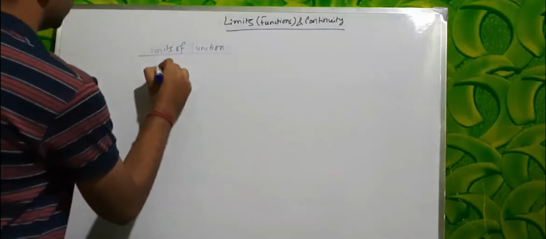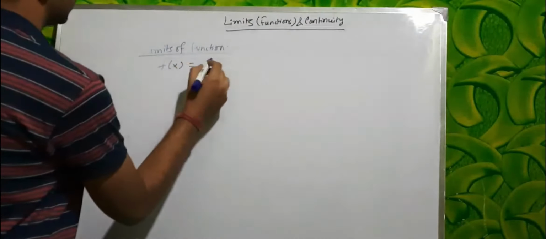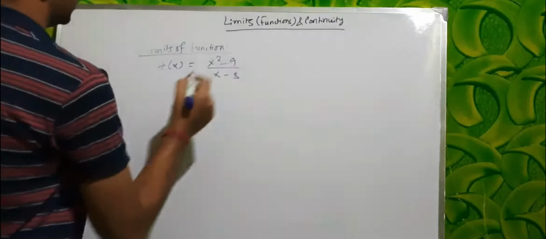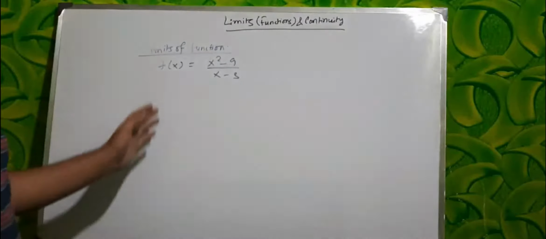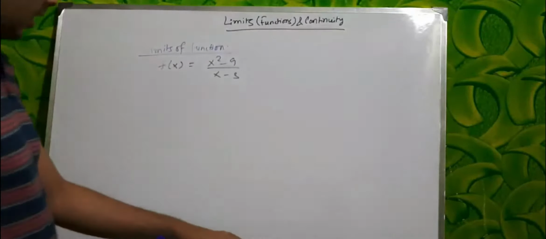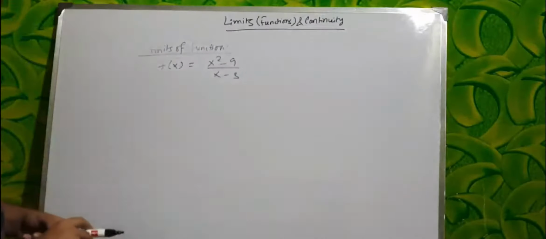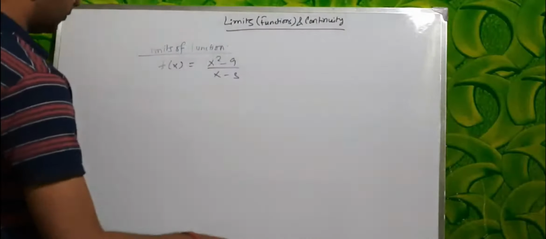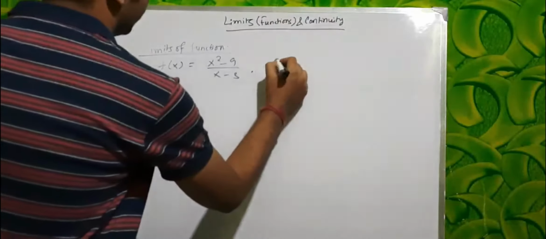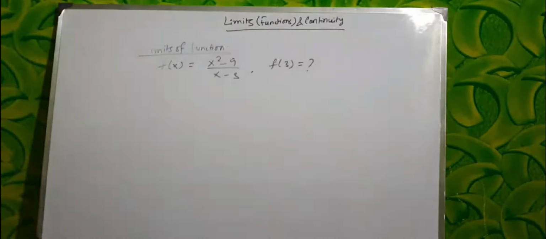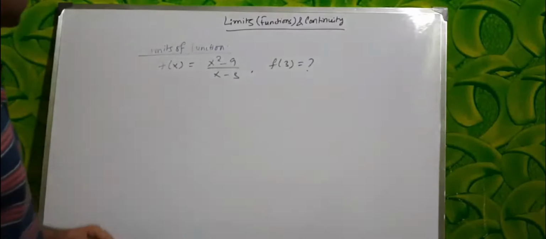Say we have a function f(x) equals (x square minus 9) over (x minus 3). Now if we see the functional value, that is, the value of f(3), we are interested in finding f(3).